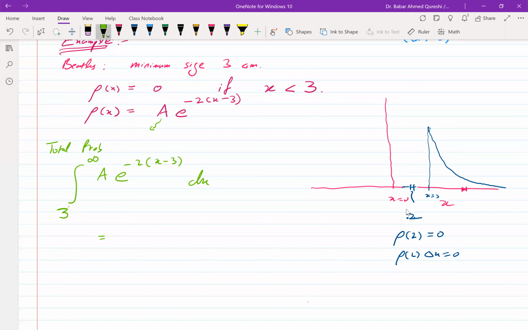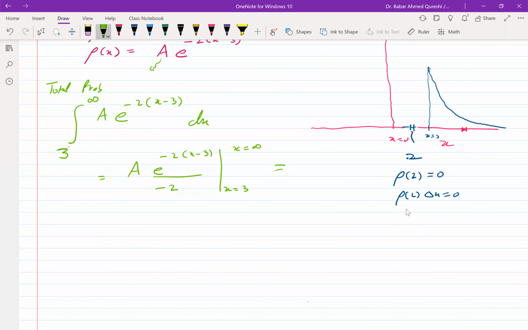This is never going to 0 again. And this total probability must be 1, of finding a beetle of any size.